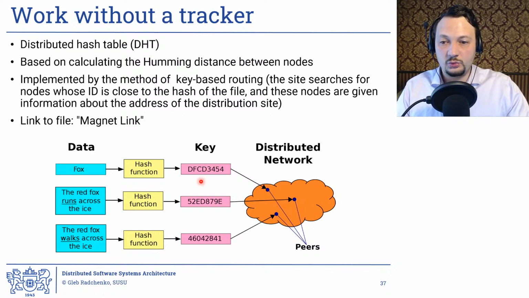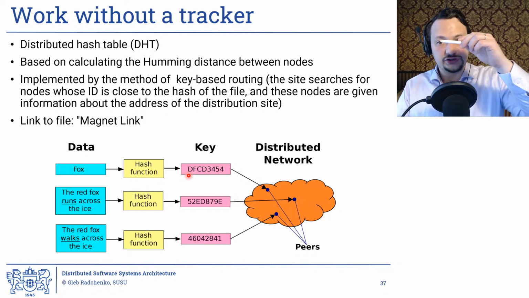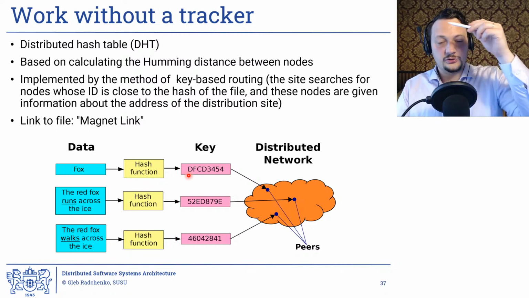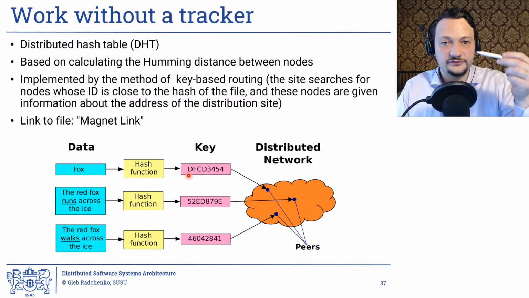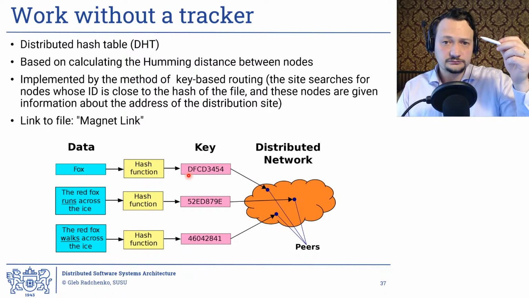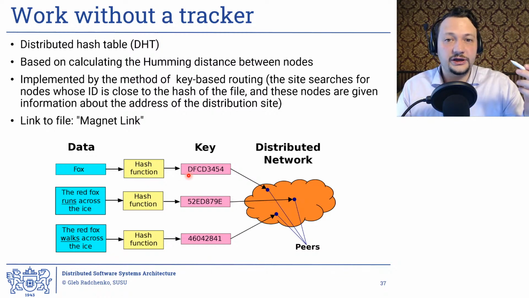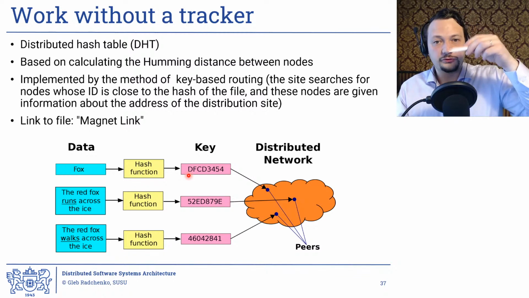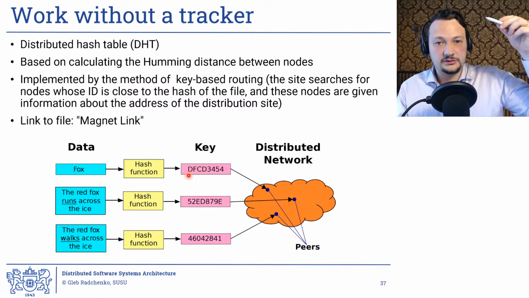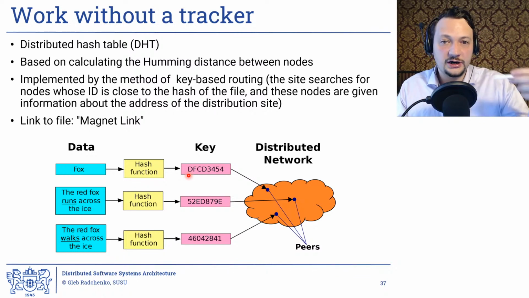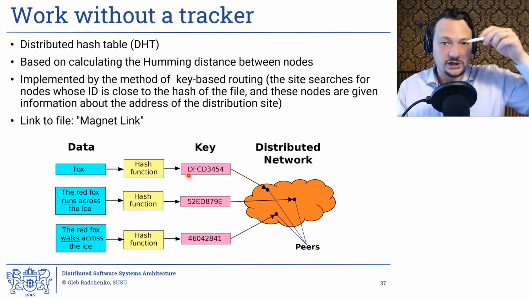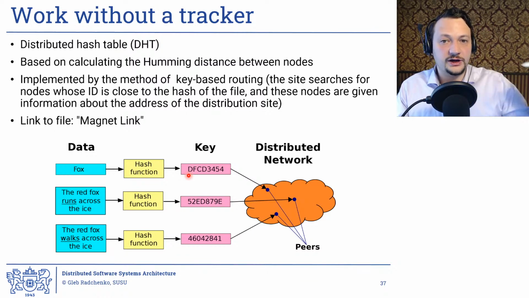And when you go to the network and you get this ID, you start to communicate with your neighbors, with the list of the neighbors that are nearby, and you propagate this request between them, asking them where do I go to find this document.